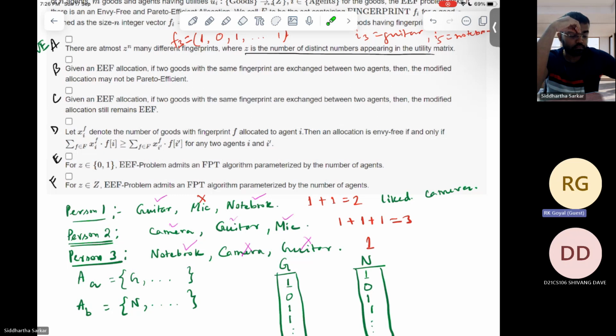If we change this thing, the utility of an individual agent may differ, even though the total utility may remain the same, because their fingerprints are same. But since the utility of an individual may differ, it cannot be Pareto efficient.